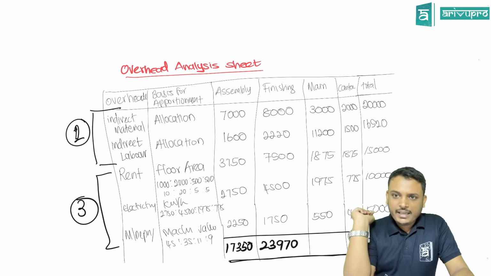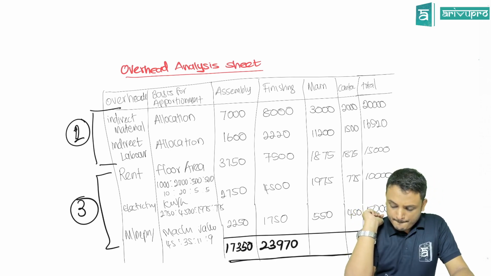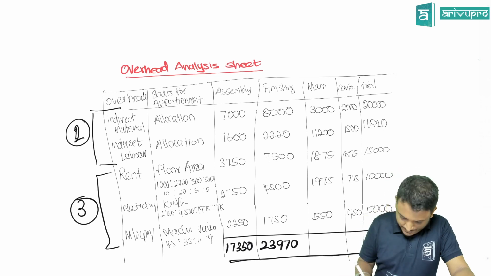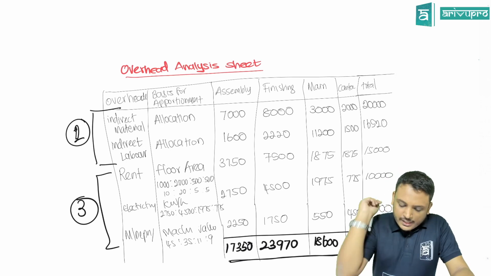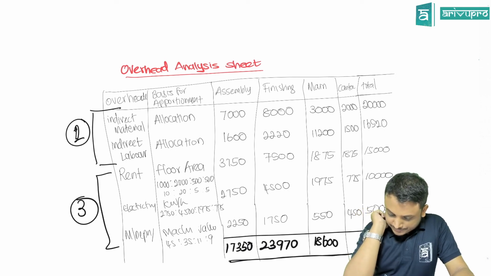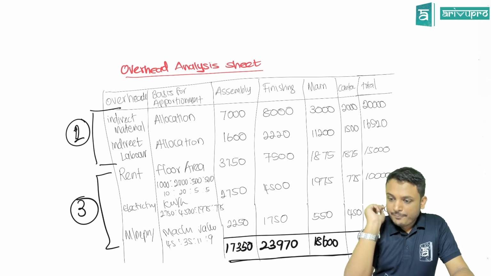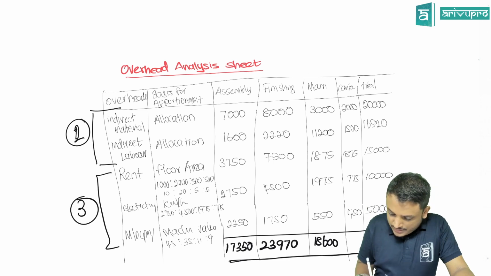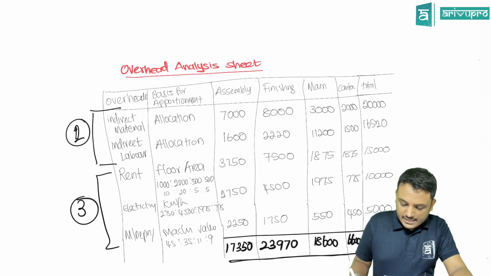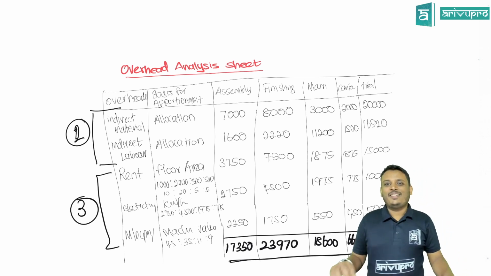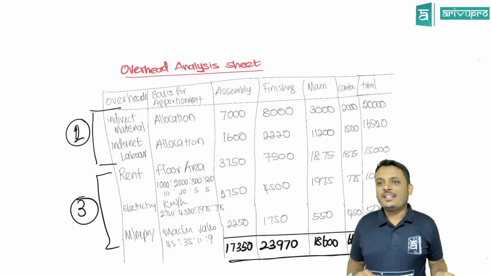Maintenance? 18,600. Canteen? 6,600. And total column, 66,520. I got the answer. 66,520.